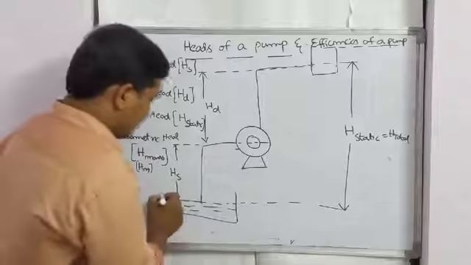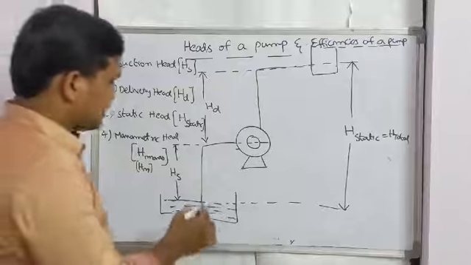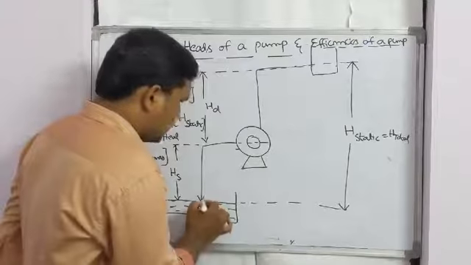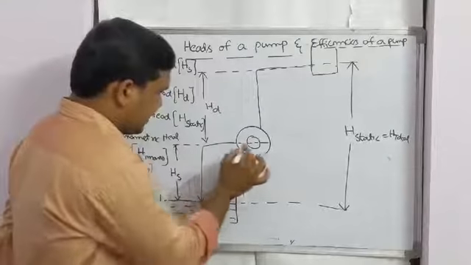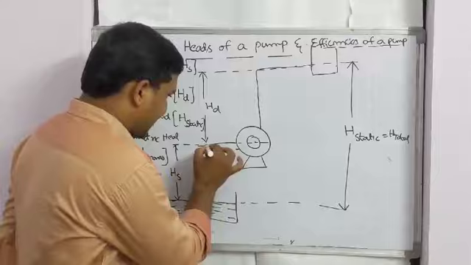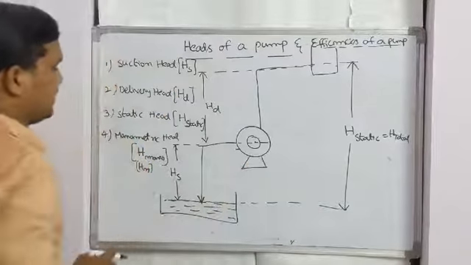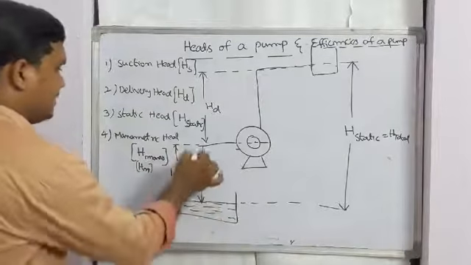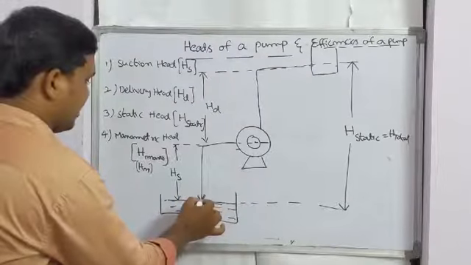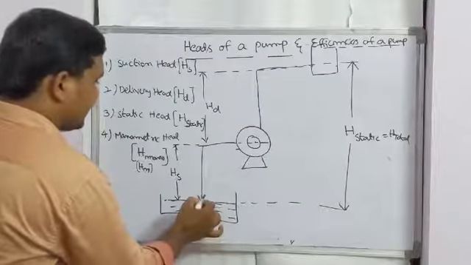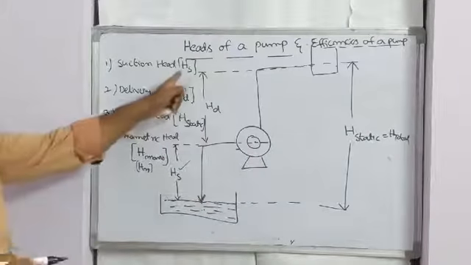The sump may be underground water, a lake, or a river. The vertical distance between the surface of the water from where the water is lifted and the central line of the impeller is called the suction head.